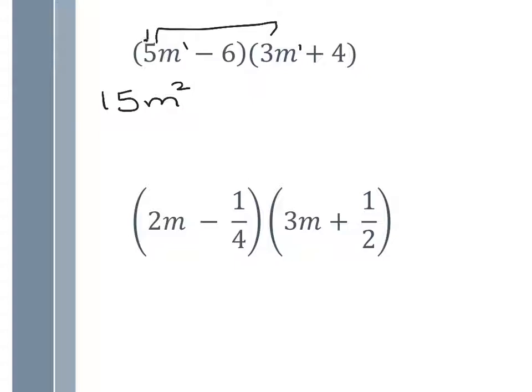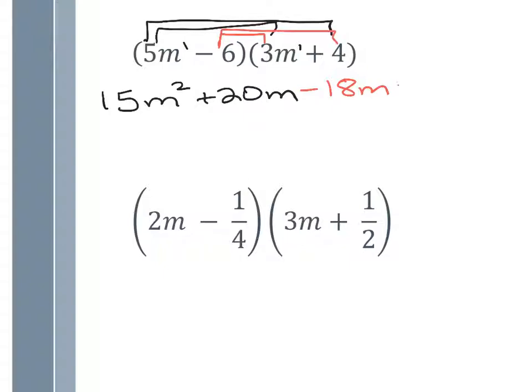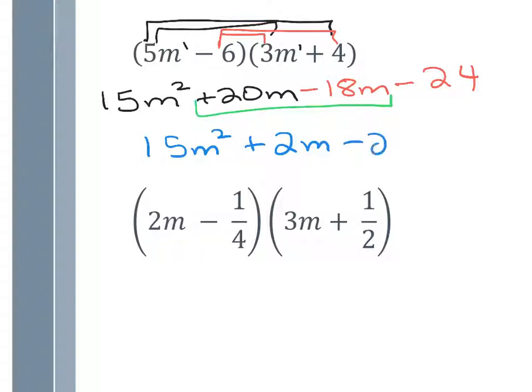Then we would multiply the 5m to the 4, which gives me 20m. And now the negative 6 to the 3, and the negative 6 to the 4. Again, group the middle terms. So the final answer here is 15m squared plus 2m minus 24.